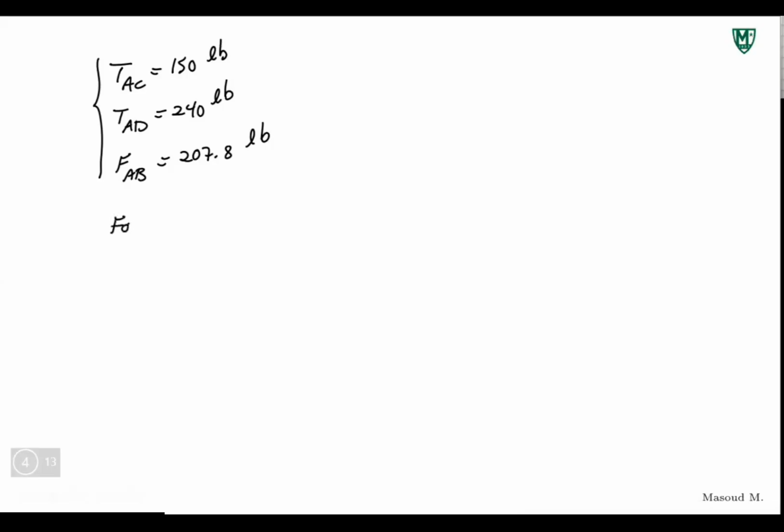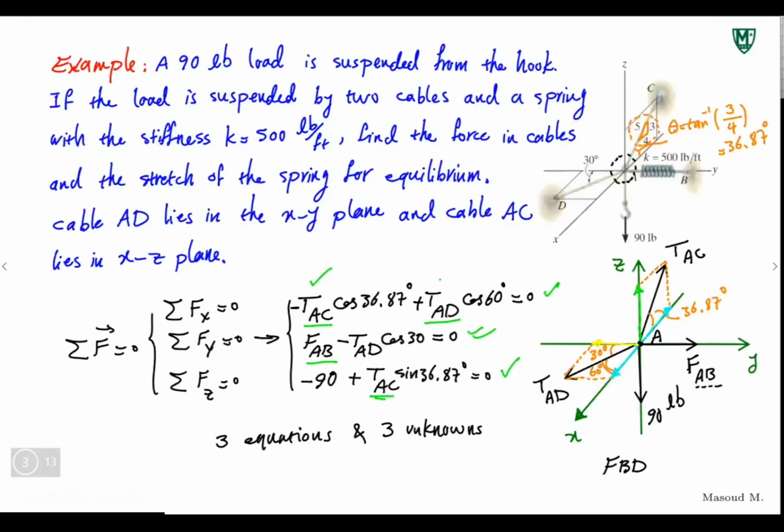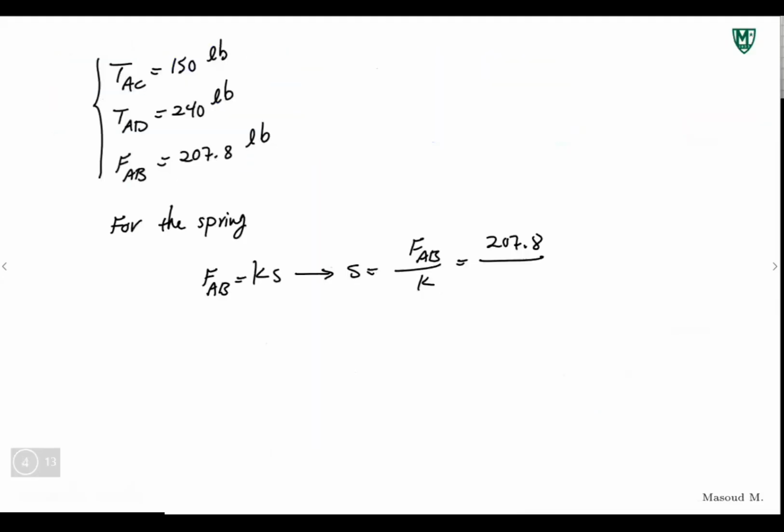So for the spring, we'll say FAB is equal to KS. And from there, you can find S. S would be FAB over K. You already know FAB was 207.8 divided by the stiffness of the spring, which is given in the problem statement as 500 pounds per feet.